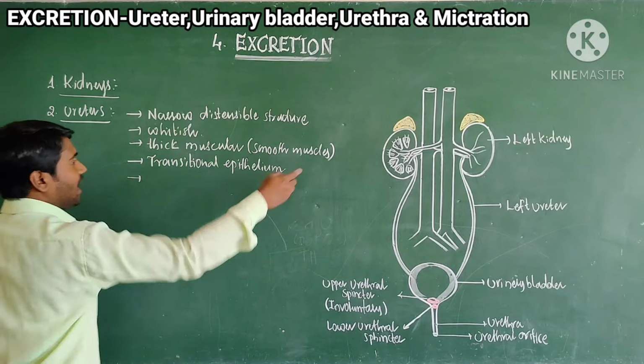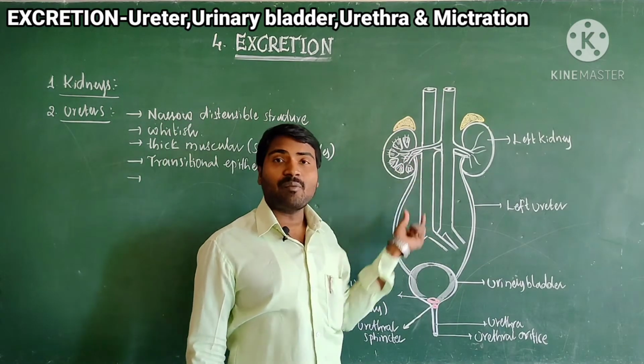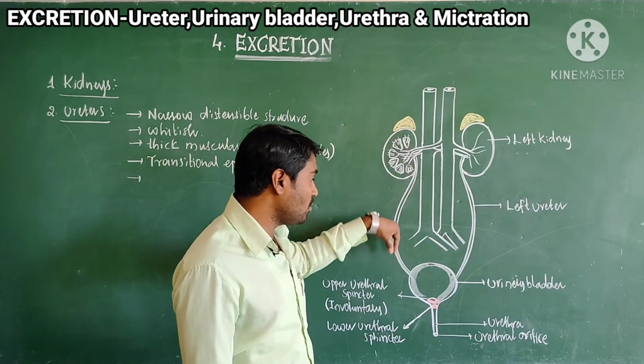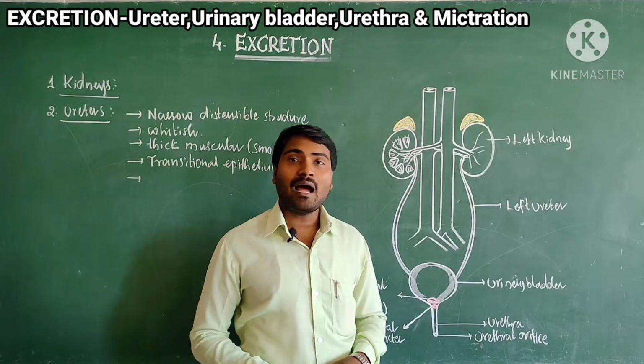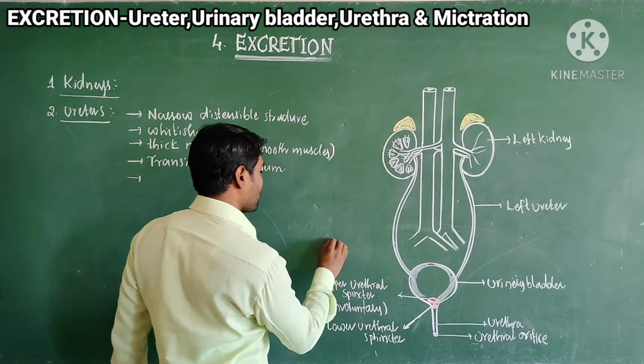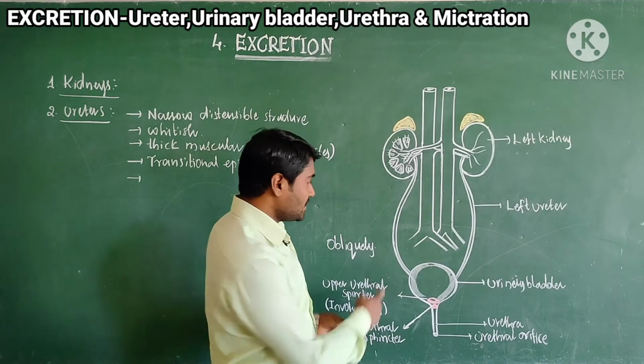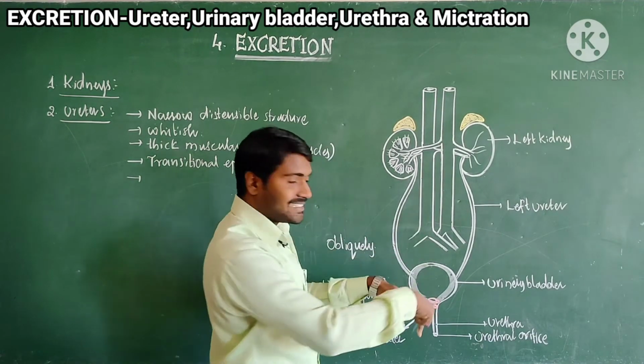It arises from the kidney, moves down, and opens into the bladder obliquely. Obliquely means it opens from the sides, not straight.